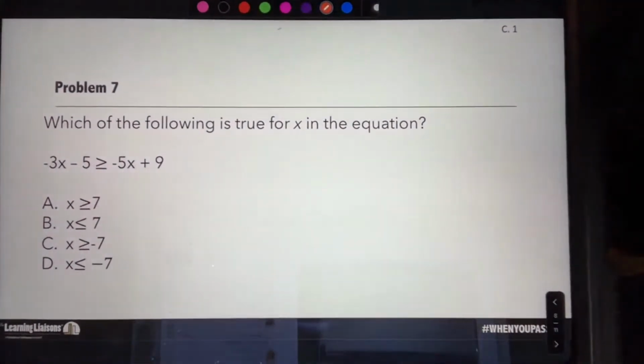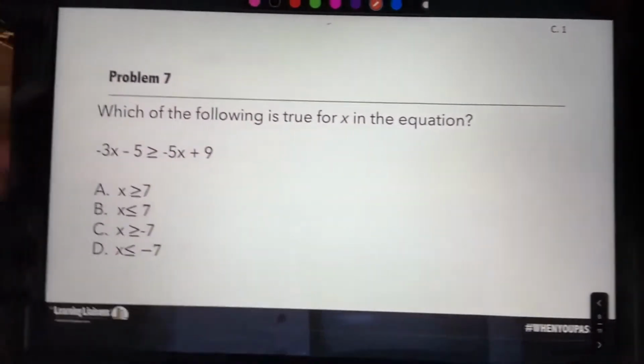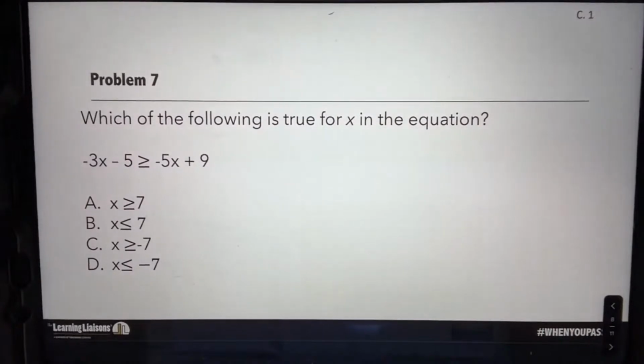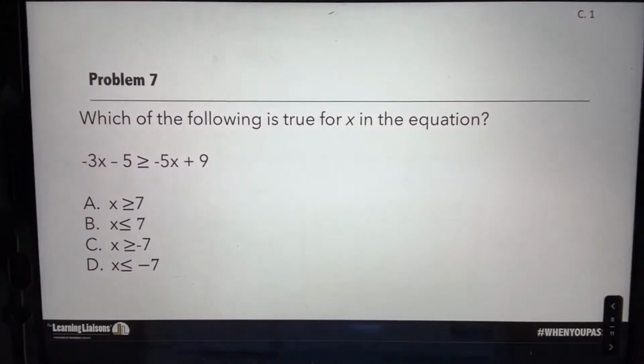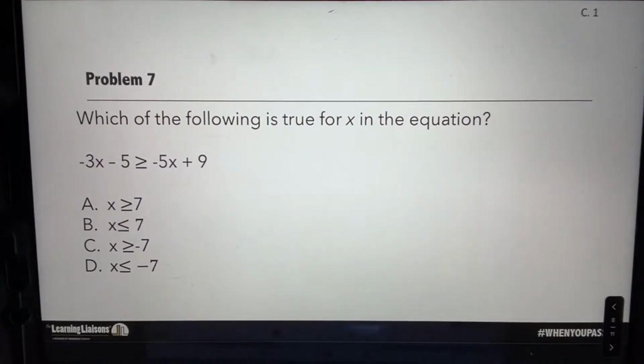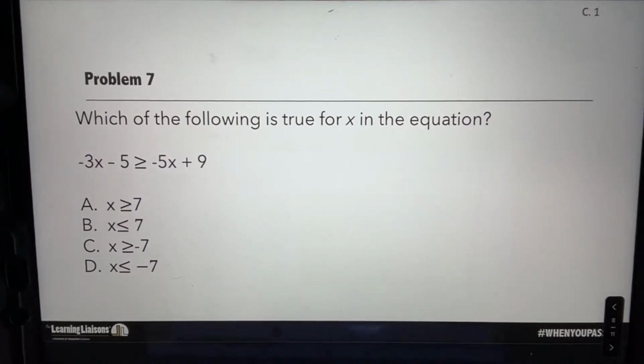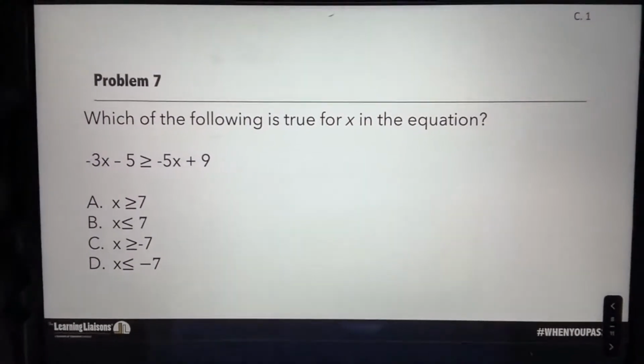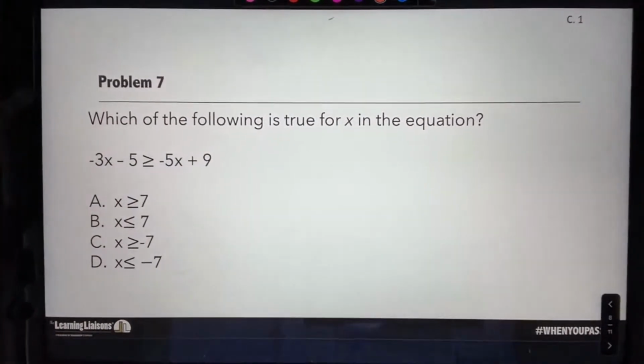All right. We are moving into competency 3 on the GK. Which of the following is true for X in the equation? All right. So I can do this one of two ways.